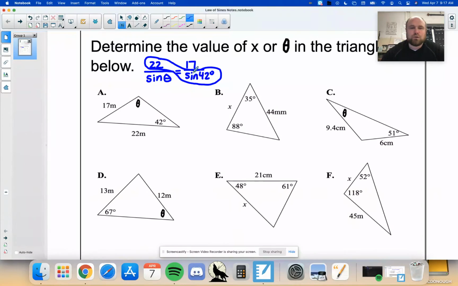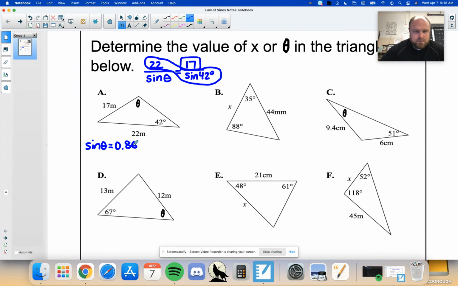I'm going to take that 14.72 and divide by the 17 that's here by itself, and I end up getting this decimal. So basically what I'm left with is sine of theta equals 0.8659.